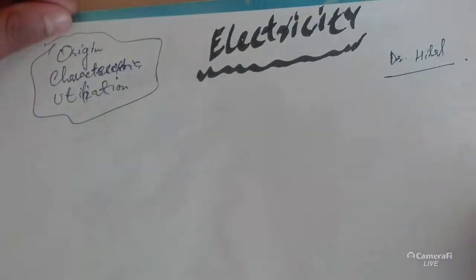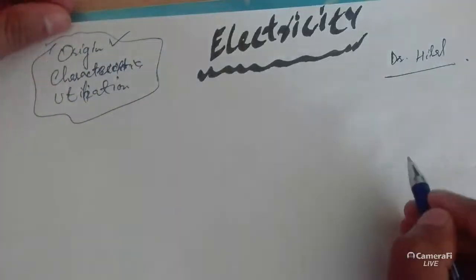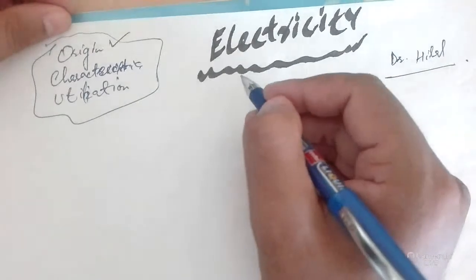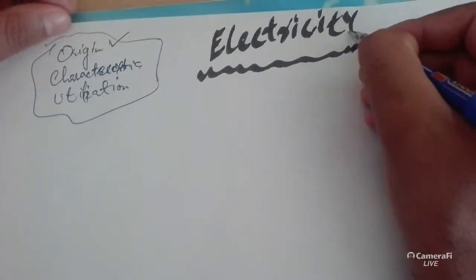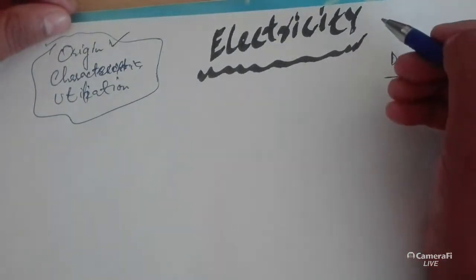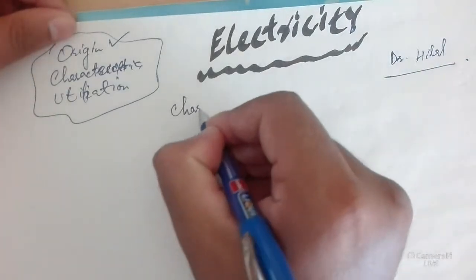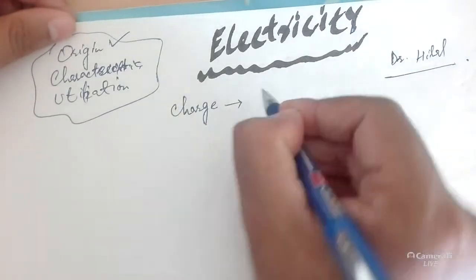So before we start, let us see what is the origin of electricity, how electricity is produced, and what causes make electricity a current. The first thing we should know about is charge.